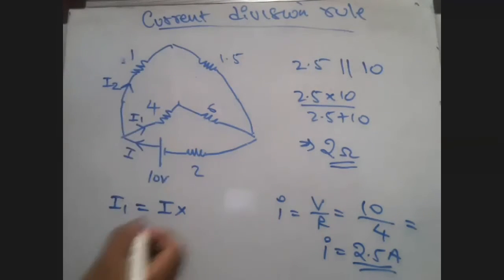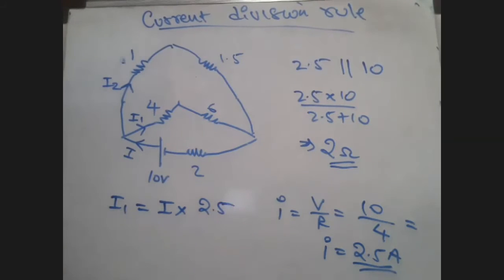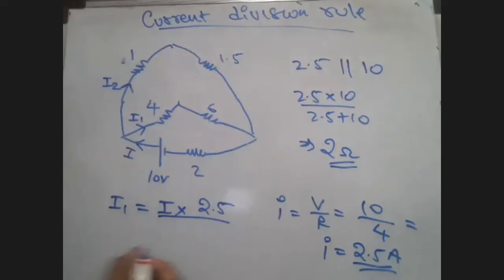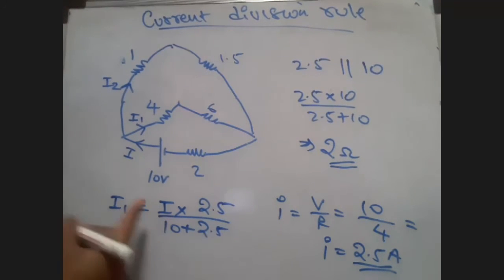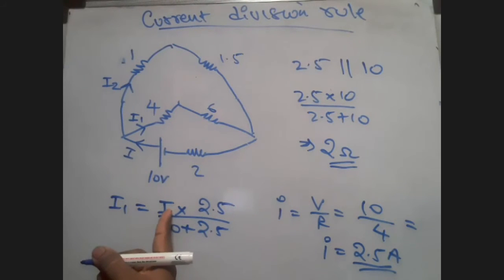So it will be I into what is the total resistance here? 2.5 upon the total resistance, that is 6 plus 4 plus 1 plus 1.5, or I can simply write 10 plus 2.5. Here current is 2.5 ampere. Substitute the current here, 2.5 into 2.5 upon 12.5.